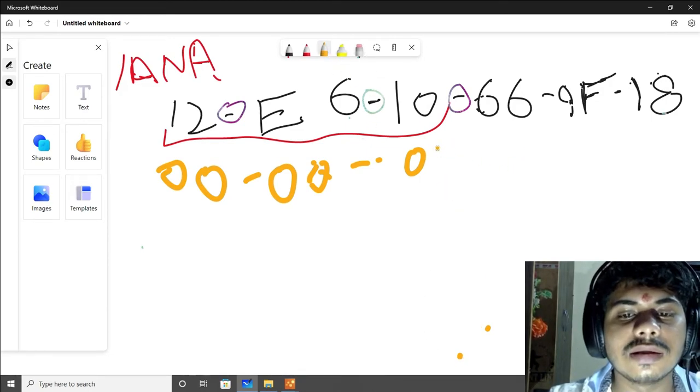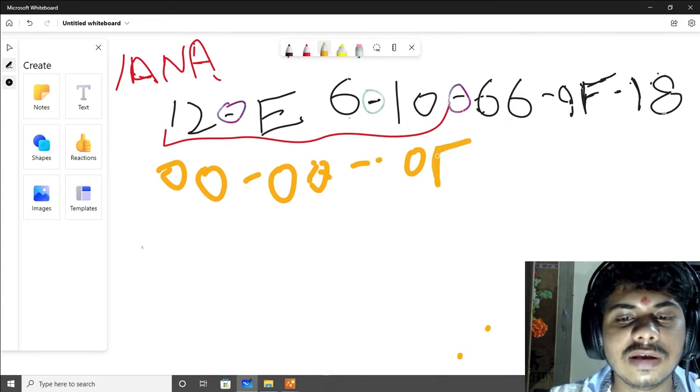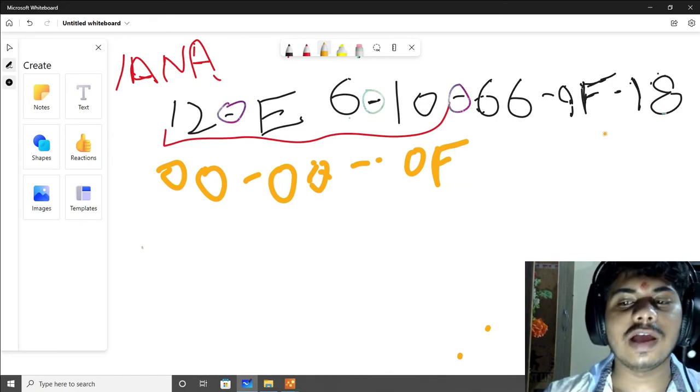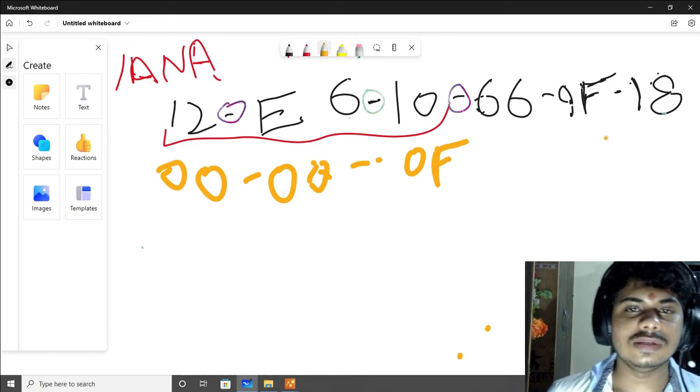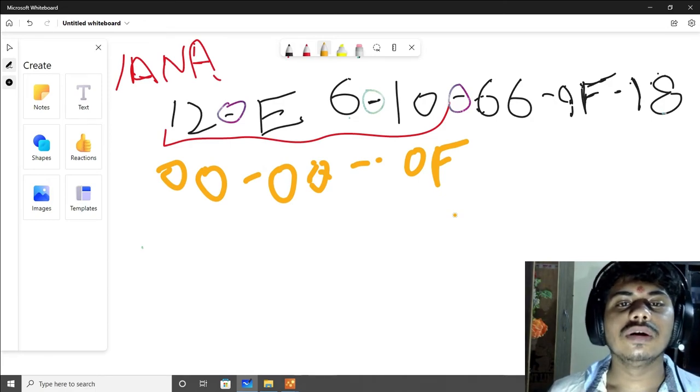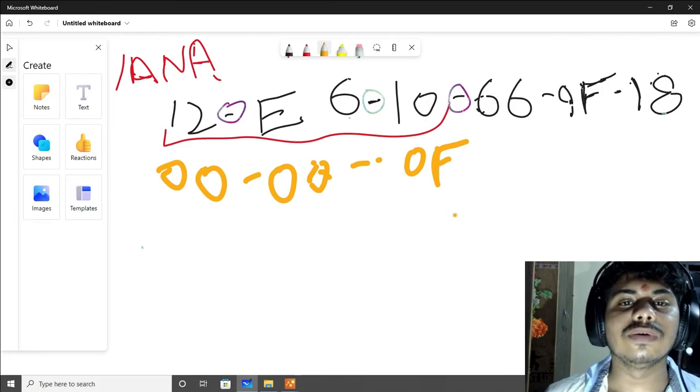Let's suppose that they have manufactured 15 laptops, 15 PCs, and the value of F is 15. So now you can see that 10 is equal to A, B is equal to 11, C is equal to 12. When we reach 9, after 9 we have to make it A. So A is equal to 10, and B is equal to 11.